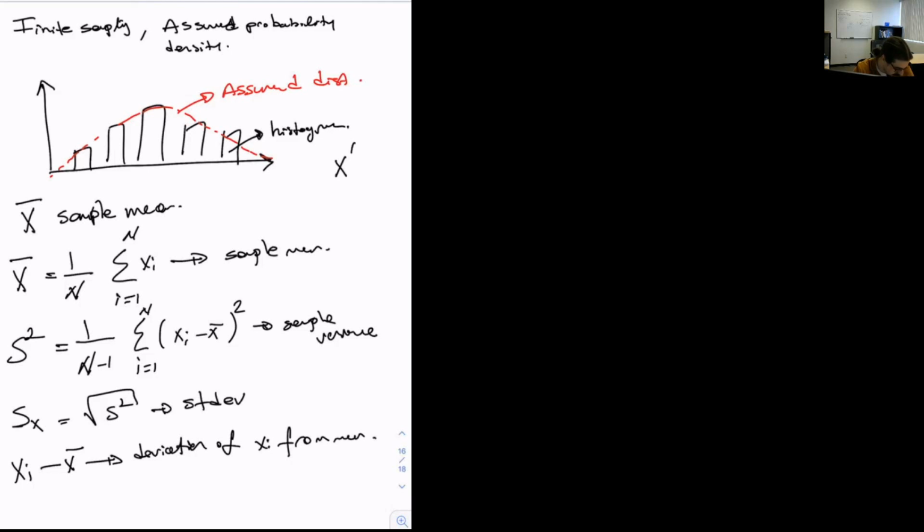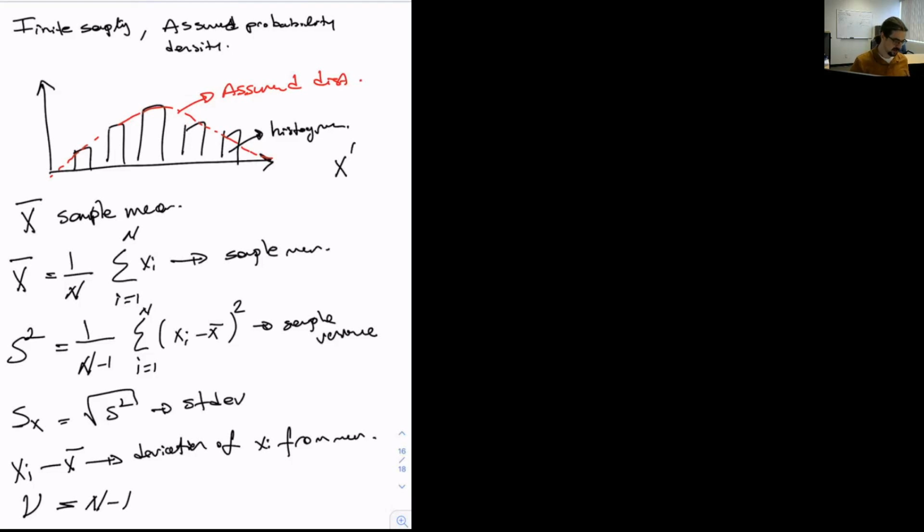I also like to define something called degrees of freedom, which is n minus 1. So these different sample statistic definitions replace the other definitions that we've been working with.